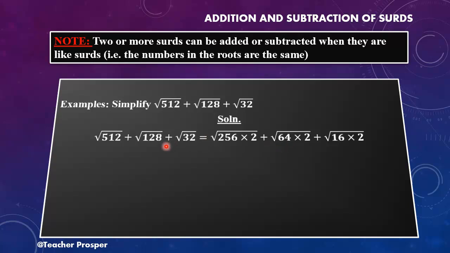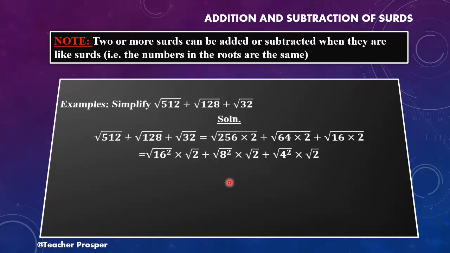And then we are taking square root of 32 to express it as square root of 16 times 2. Please, there was a video where we looked at how to simplify surds. That was a previous video before this one. So if you have not watched how to simplify surds, then you might have a little problem here. So you need to go back and watch that video before you continue.